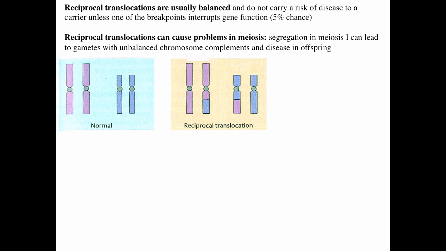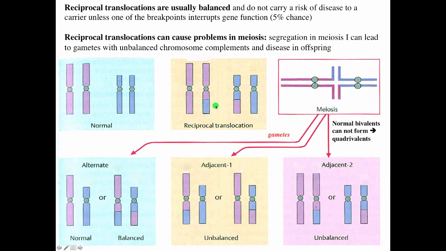Reciprocal translocations can cause problems in meiosis because segregation in meiosis 1 may lead to gametes with unbalanced chromosome complements and genetic disease in an individual. Here's a normal individual. Here's an individual with a reciprocal balanced translocation. When these pair during meiosis, you can see that you may get unusual segregation.